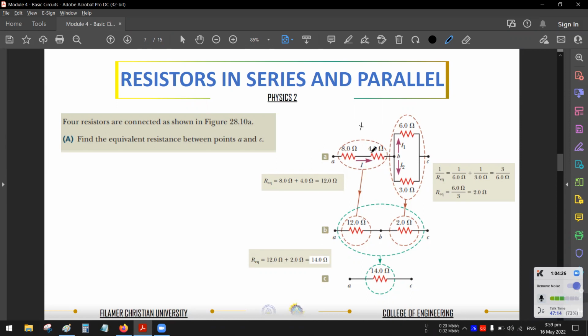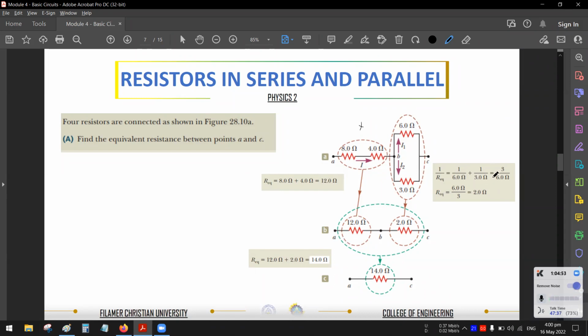That is 8 plus 4. Okay? So, you have your 12. And here, nakaparallel siya. So, therefore, we can just get the inverse or the reciprocal of each resistor and then inverse it. Okay? Or that is 1 over 6 plus 1 over 3. Okay?